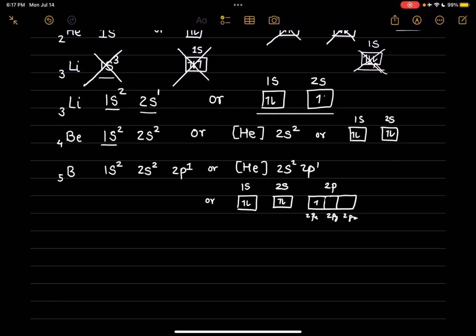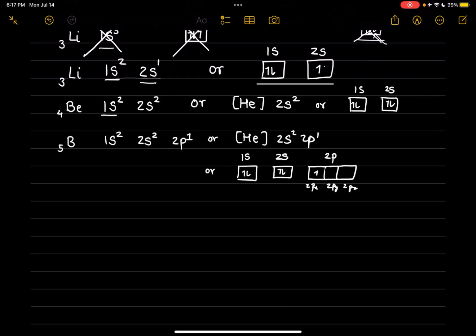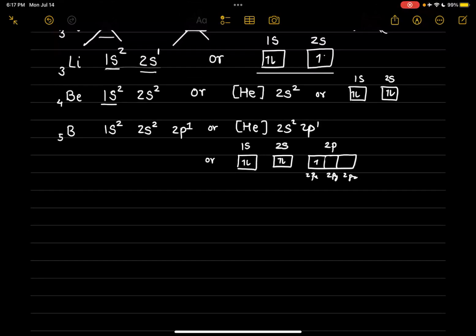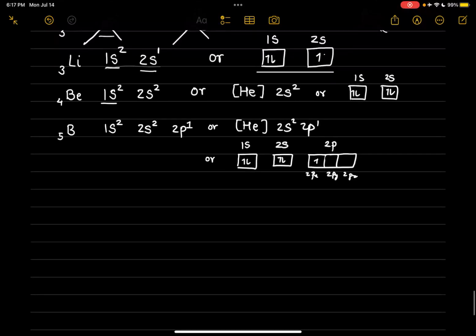Boron is the 5th element. I put 2 electrons in 1s, 2 in 2s, and the 5th electron I can't put in the 2s subshell, as you know that each orbital can hold a maximum of only 2 electrons, and they should have opposite spins.